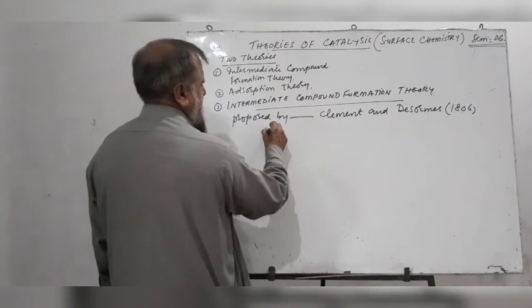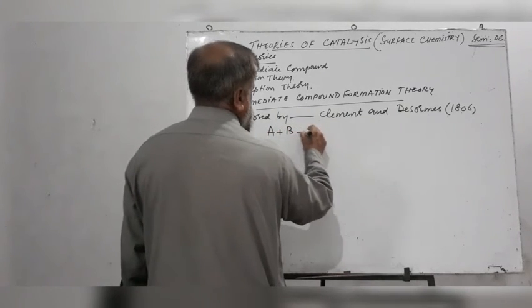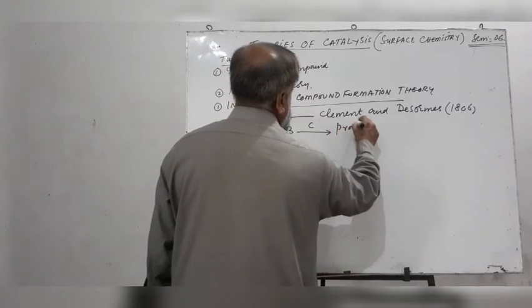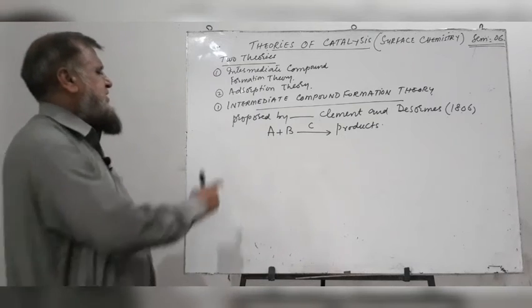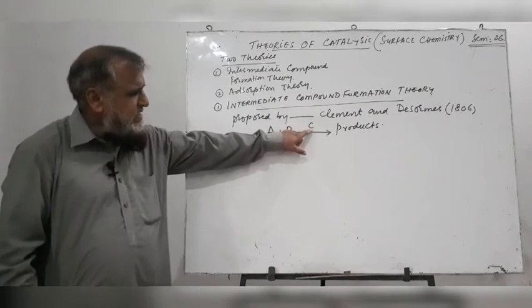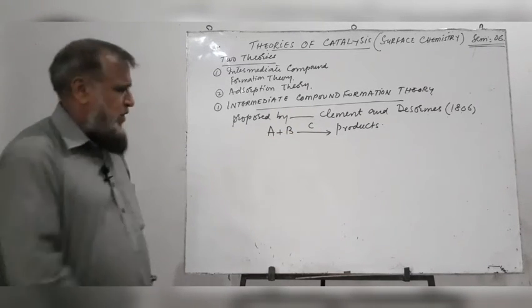if we have a reaction in which two reactants A and B are reacting in the presence of catalyst C to give the products, then this theory suggests that first one of the reactants reacts with the catalyst C and produces an intermediate compound.